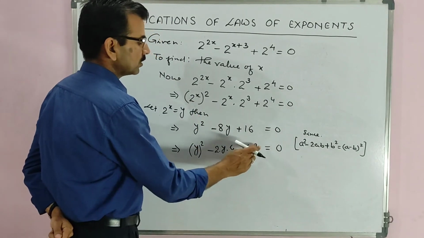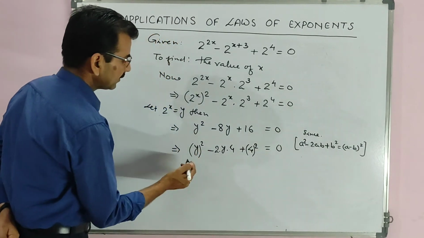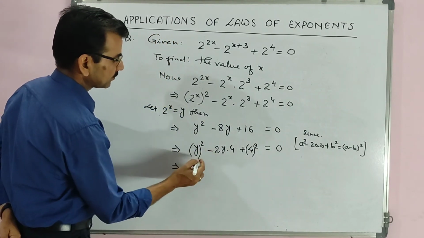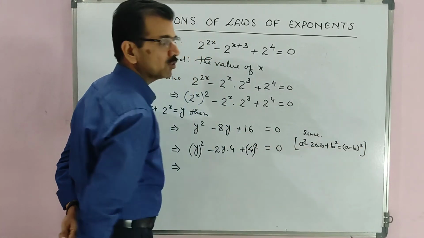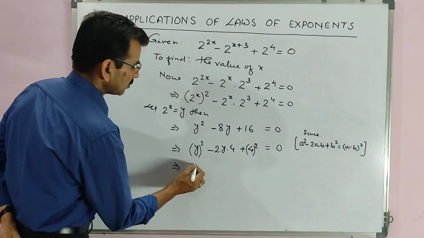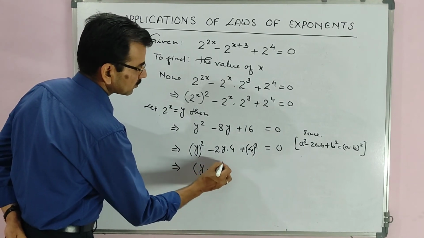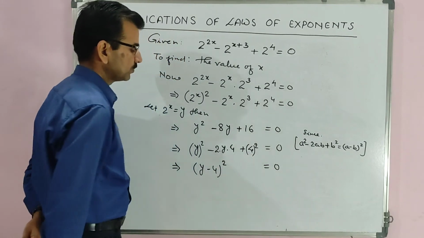A square and b square are shown separately. Now this gives (a minus b) whole square, so we can write (y minus 4) whole square, and this is equal to 0.